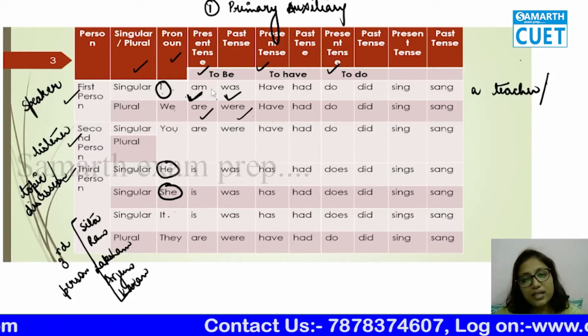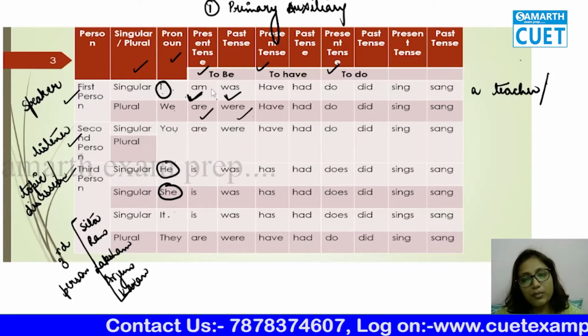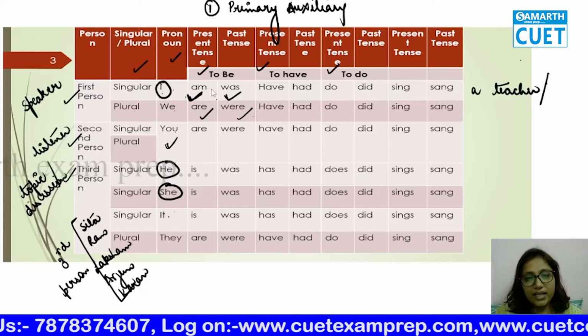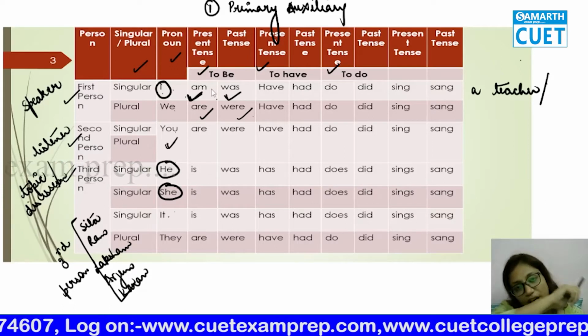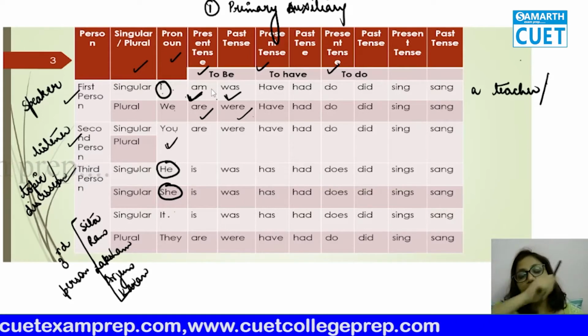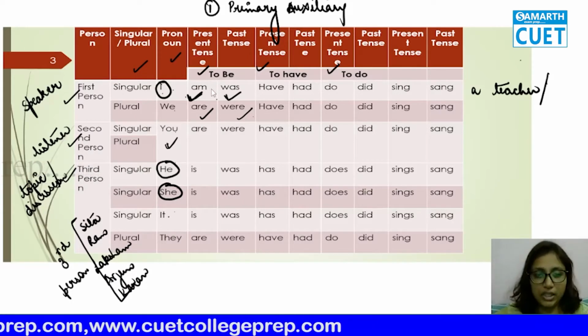In second person, I told you singular and plural are both you only. So in present tense, you are a teacher. You were a teacher. आप teacher हो, आप टीचर थे, you were a teacher.